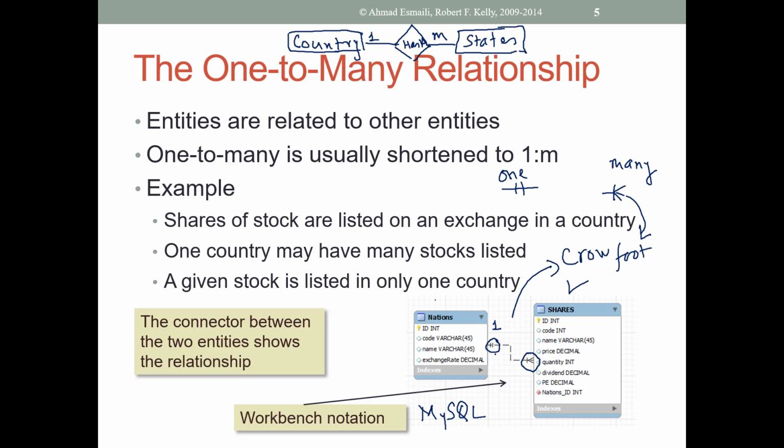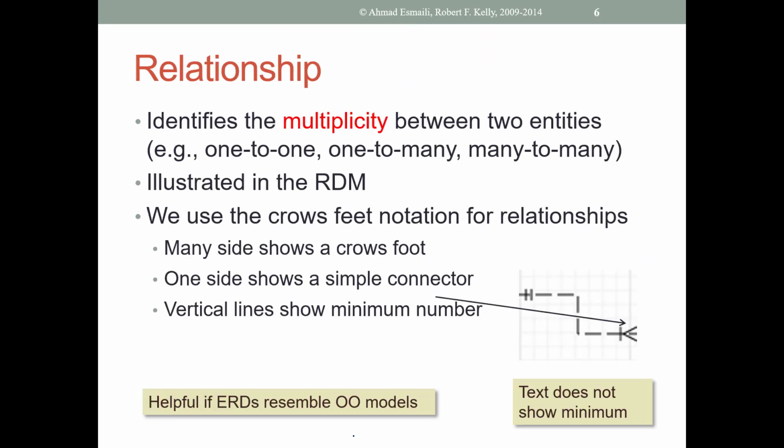It means that one nation instance will have multiple instances of shares, whereas one instance of share will only correspond to one nation. One share cannot be listed in multiple nations. So that is how we show the relationship between the tables using the workbench model. Okay, good. Let's move on.